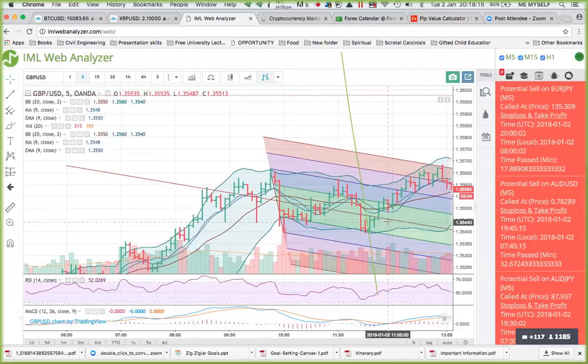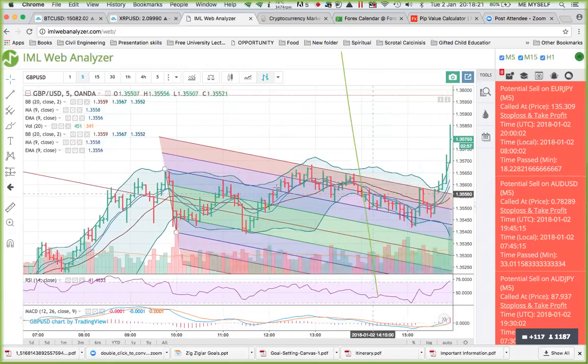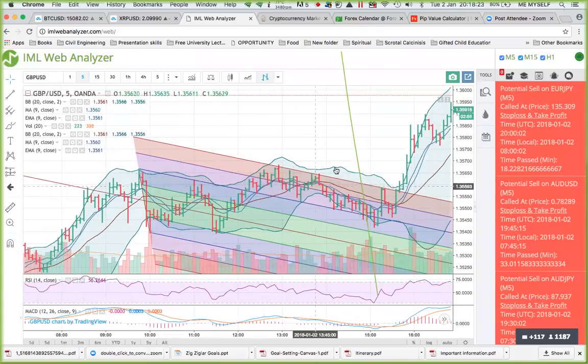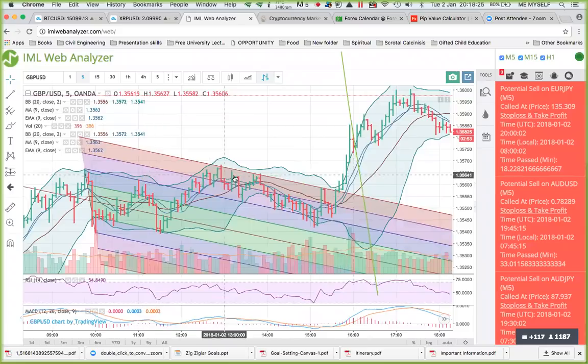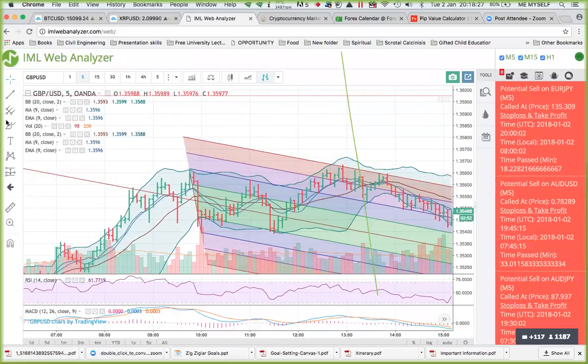So the pitchfork would have been in place before the web analyzer even called the trade. And you could literally stay with this one pair all day, just off of this pitchfork, and trade this one pair.